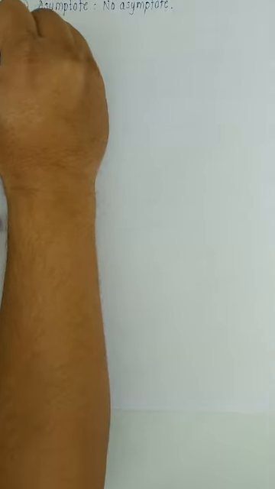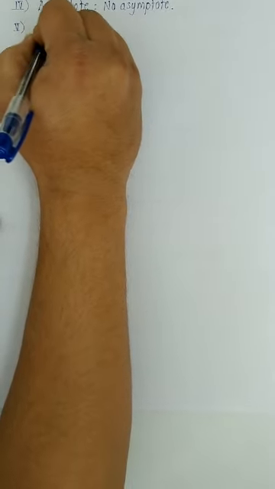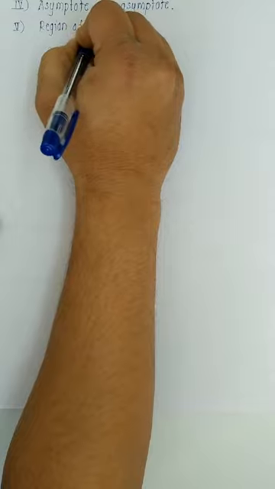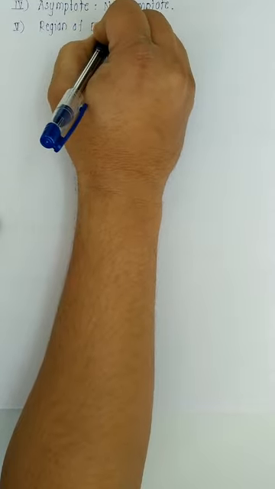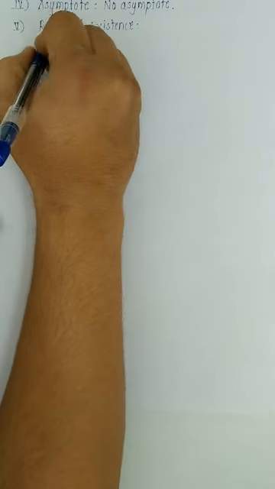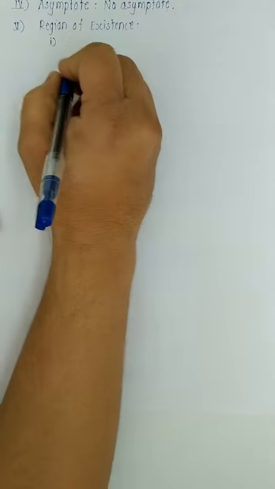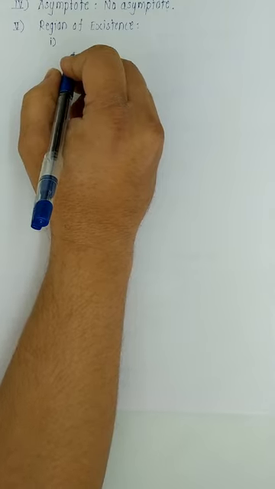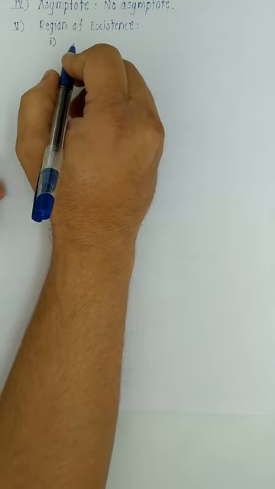Next and the last characteristic is region of existence. For this, we need to consider the points of intersection and the tangents or the asymptotes obtained.